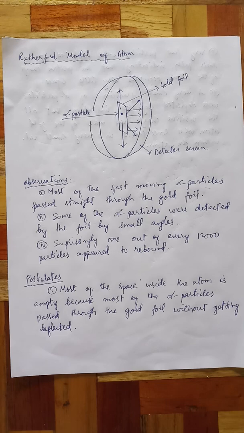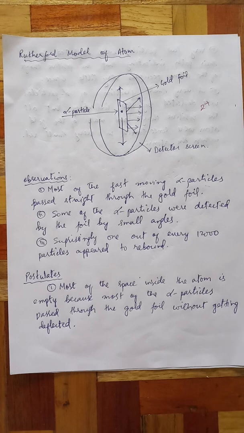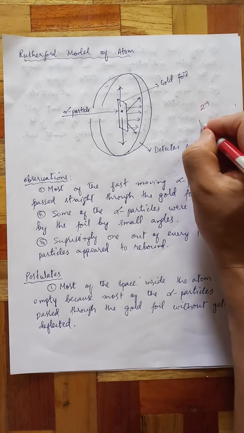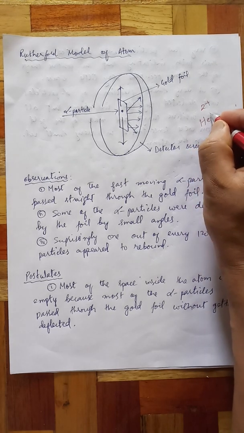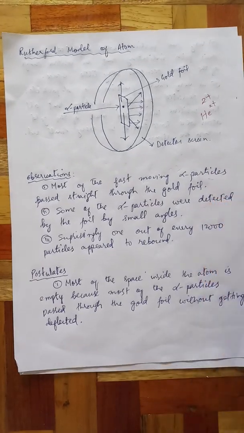Why did he use alpha particles? Because an alpha particle is a positively charged particle having 2 units of positive charge and 4 units of mass. It is actually a helium ion.